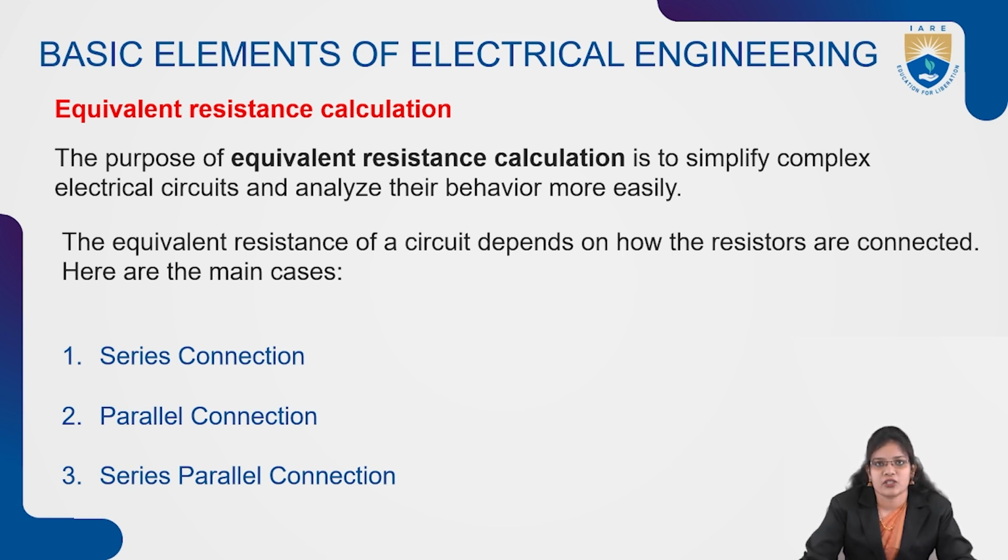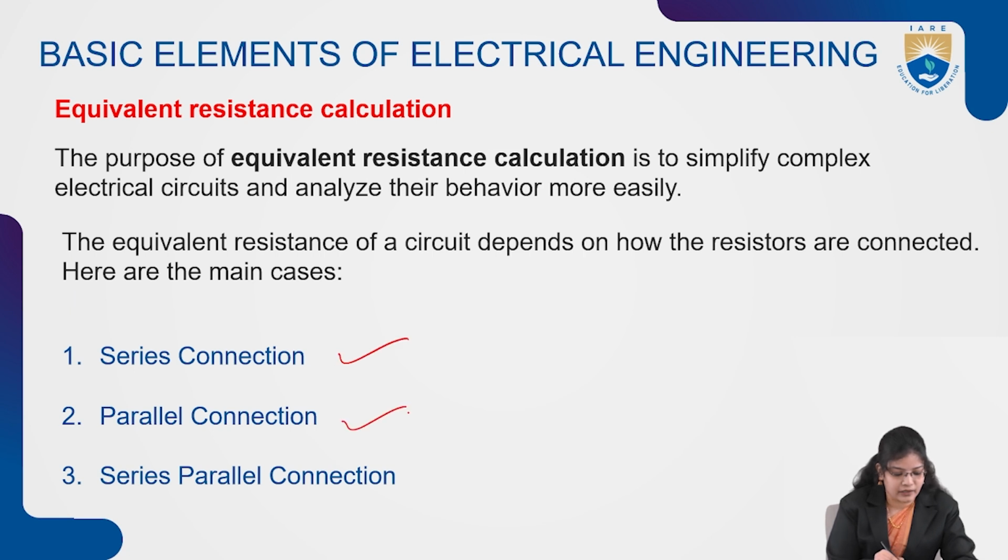In the previous lecture, I discussed the basics of how to calculate equivalent resistances when they are connected in series, parallel and series-parallel. Why do we need to calculate this? In the upcoming lectures we will be solving complex problems with many resistances, so to reduce them we use equivalent resistance calculations.